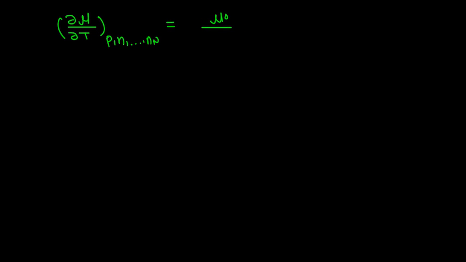In fact, μ⁰ is a function of T only, so it will be dμ⁰/dT, plus we have RT ln P, and we should have ∂/∂T of this quantity at constant P, n1 and so on, and capital N.